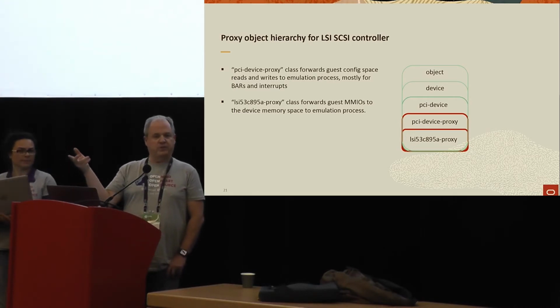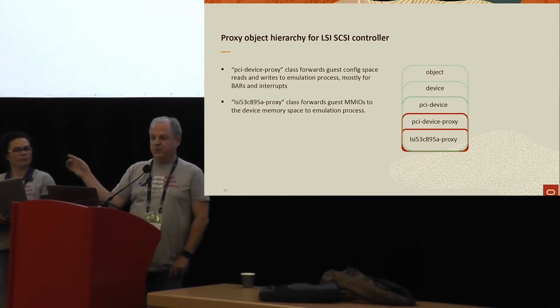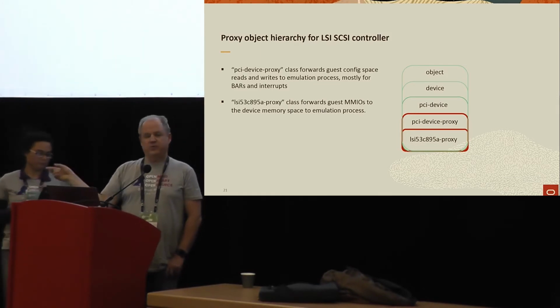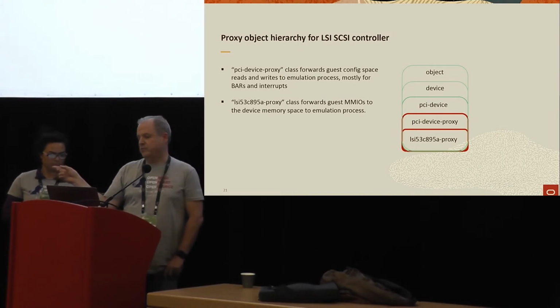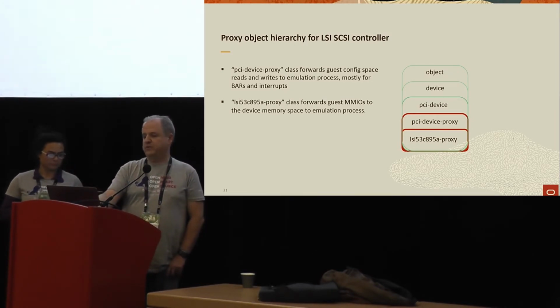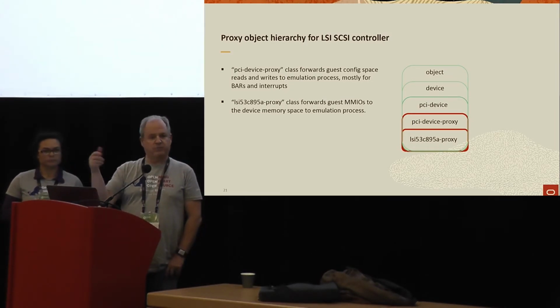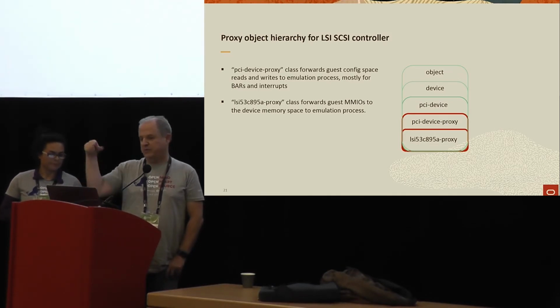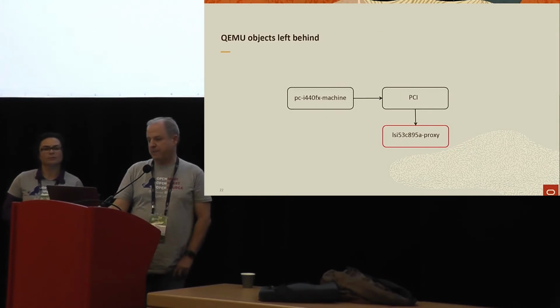For like BARs, we need to be able to keep the PCI address to device mapping the same within QEMU and within the emulation process. So we forward BAR programming from QEMU to the remote device. And then finally, there's a device-specific proxy that knows how big the MMIO space of a specific device is, and it forwards those operations.